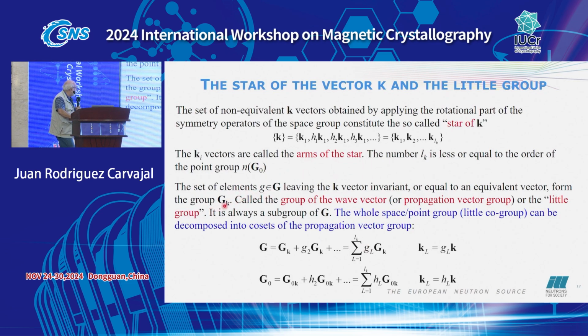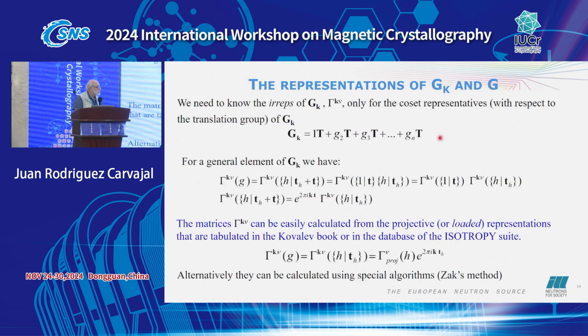And in general, the arm L of the star is G_L K multiplied by K. Then you have a series of K vectors that constitute the so-called star of the K vector.